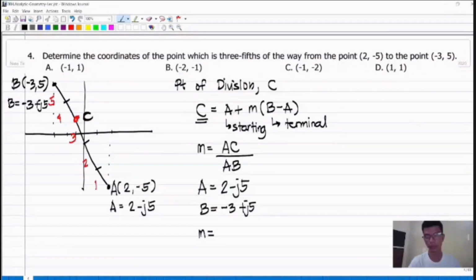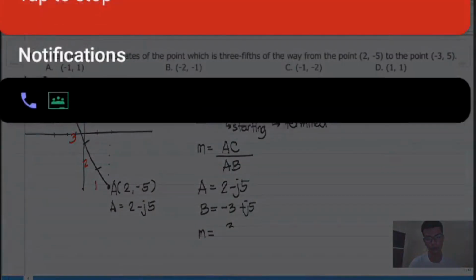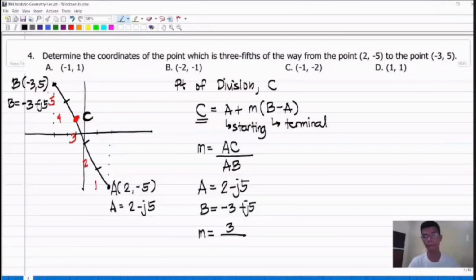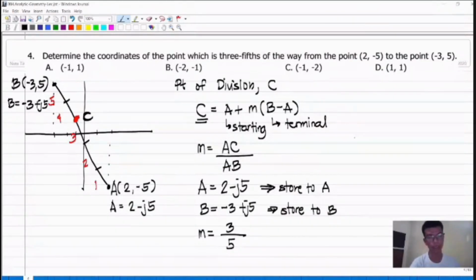And then siguro, para mas mabilis tayo, let us store this to A, and then store to B. Para ang gagawin na lang natin sa ating solution sa calculator is alpha A plus yung M natin na 3 over 5 times the quantity alpha B minus alpha A. So, gawin natin siya.